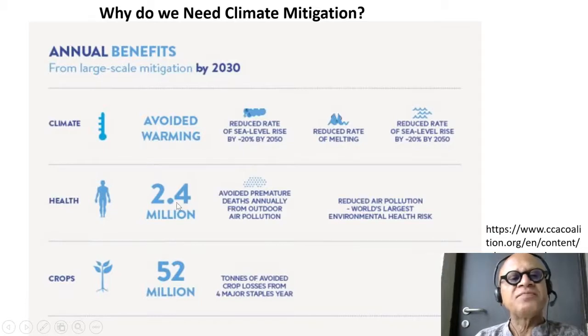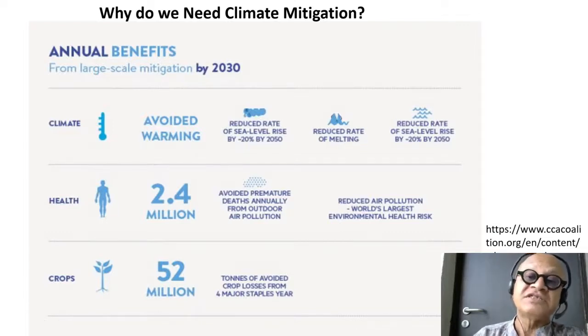Health: the number of people that are going to benefit is going to be at least 2.4 million by 2030. Avoided premature deaths annually from outdoor air pollution. This is annual deaths per year, so it's not a small number. Reduced air pollution, the world's largest environmental health risk in terms of all the diseases that we talked about.